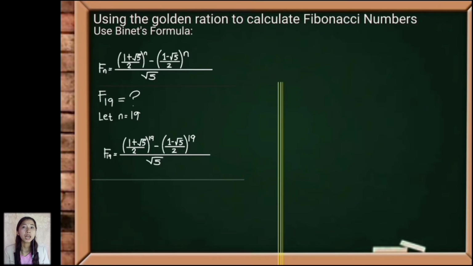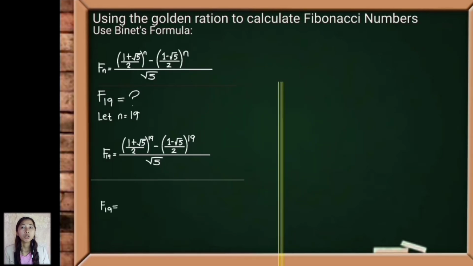Now simplify. F19 is equals to, open parenthesis, 1 plus radical 5. So if we were to calculate or use the formula, what is the value of radical 5?